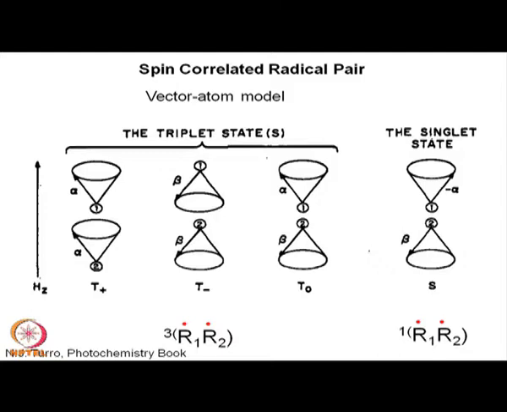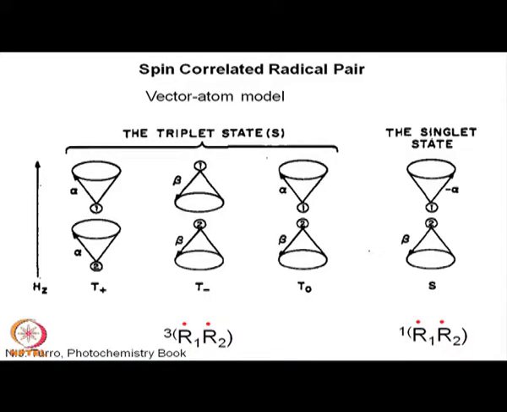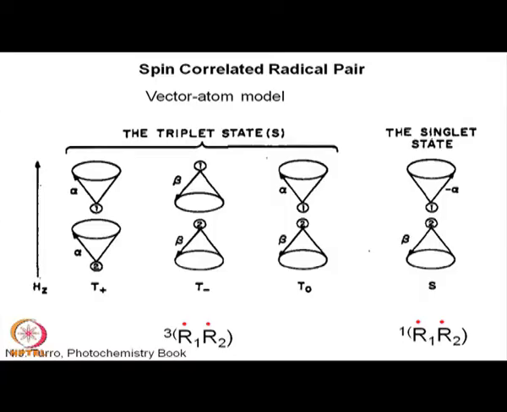As you can see in this diagram, if you have a radical pair, that means a pair of spins, then depending on their spin parentage, meaning the spin state in which this radical pair is generated, it may be a singlet state, or it may be a triplet state containing three degenerate states, of which one is T0, another is T plus, and the third one is T minus.